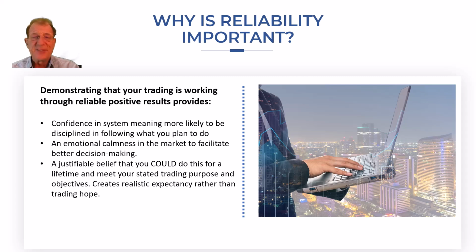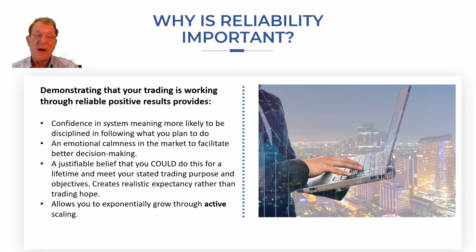The other thing it creates is this justifiable, strong belief that we could do this for a lifetime. We all set out with a trading purpose and objectives around our trading. If we have the evidence from the reliability in results, then what this does is it creates a realistic expectancy rather than just a trading hope, which, to be honest, is where most traders are.